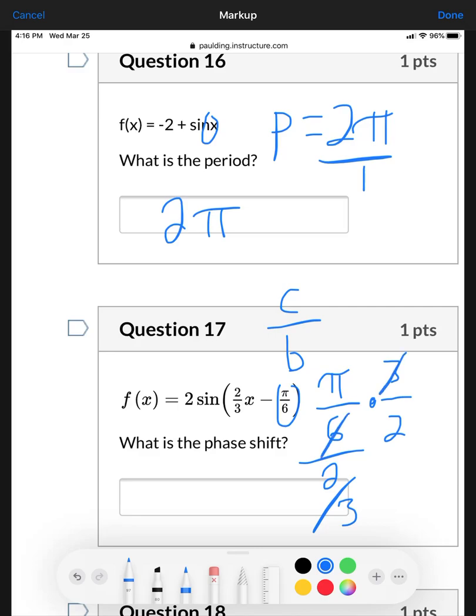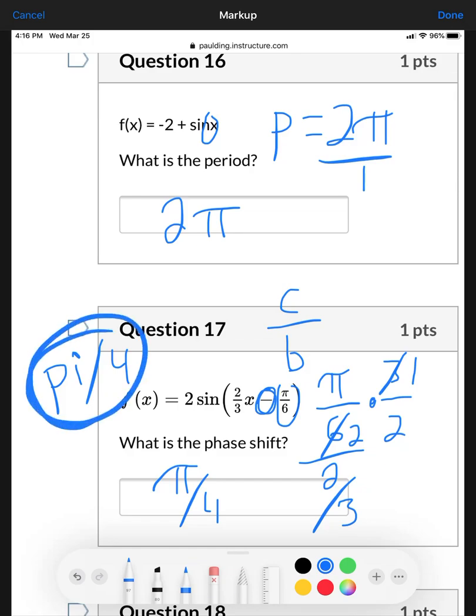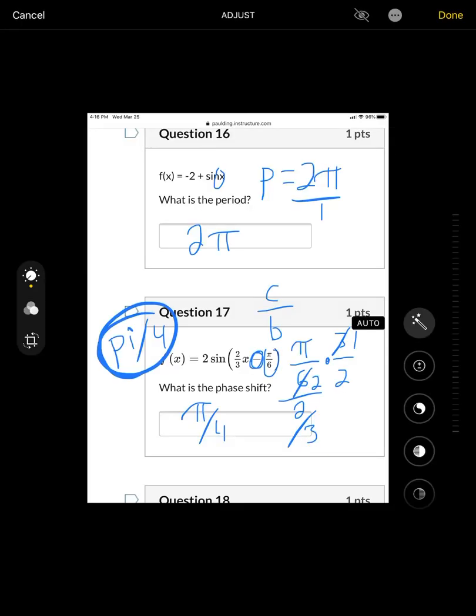And then the 3 and the 6 simplify, so we get pi over 4. That would be the phase shift. And the way you would write that on your blank, pi divided by 4. And there's a negative sign there, so that means the phase shift is positive. So there's a nice answer for this problem.